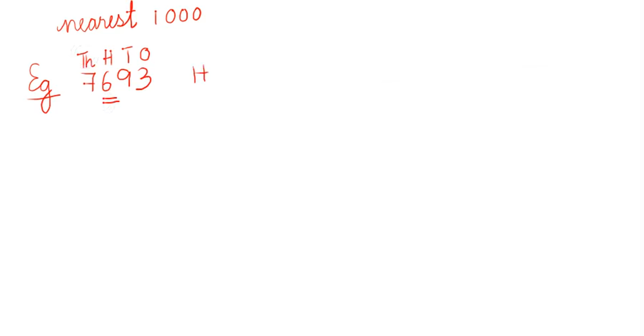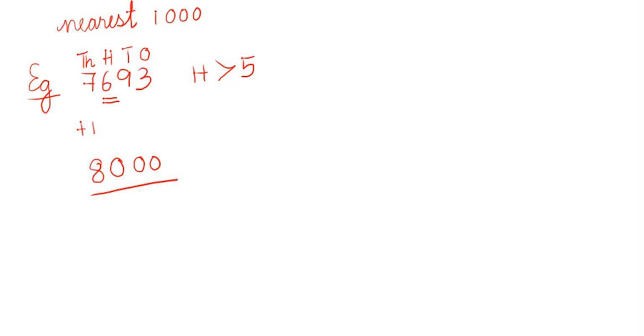Since my hundreds place is greater than 5, I will add 1 to my thousands place. So my thousands place is now 8, and I will replace my hundreds, tens and ones place by 0. So 7693 when rounded off to the nearest 1000 becomes 8000.